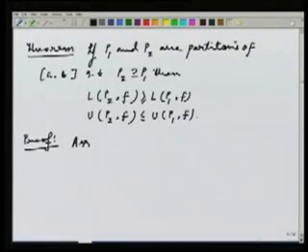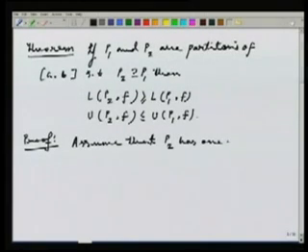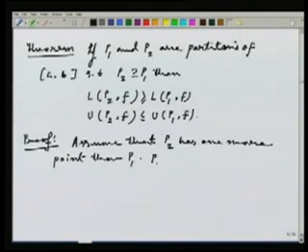So assume that P2 has one more point than P1. Let us say the point is x star.